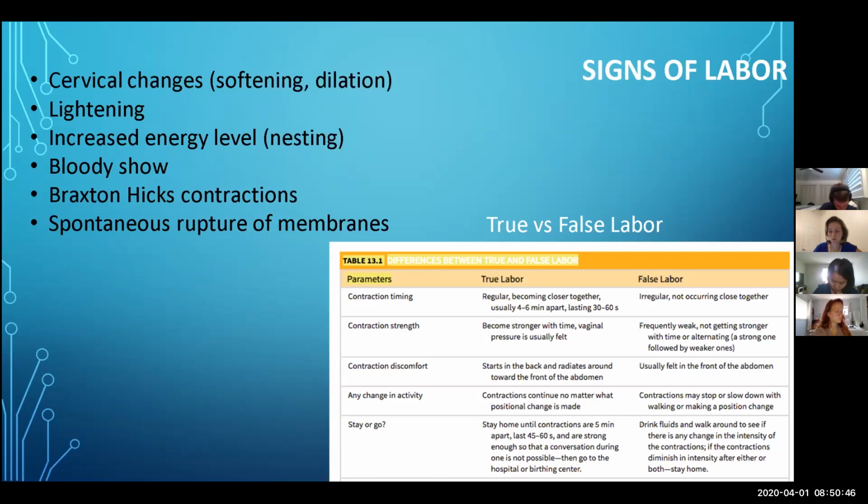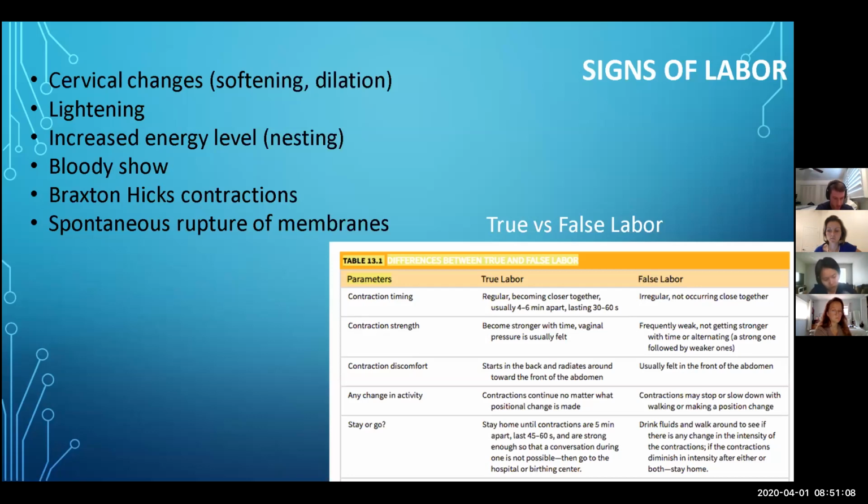We're kind of on a time clock once those membranes rupture, to help reduce her risk of infection and the baby's risk of infection as well. Remember that the membranes are a protective barrier, and now without that mucus plug, we have an open highway for infection. The difference is between true and false labor.